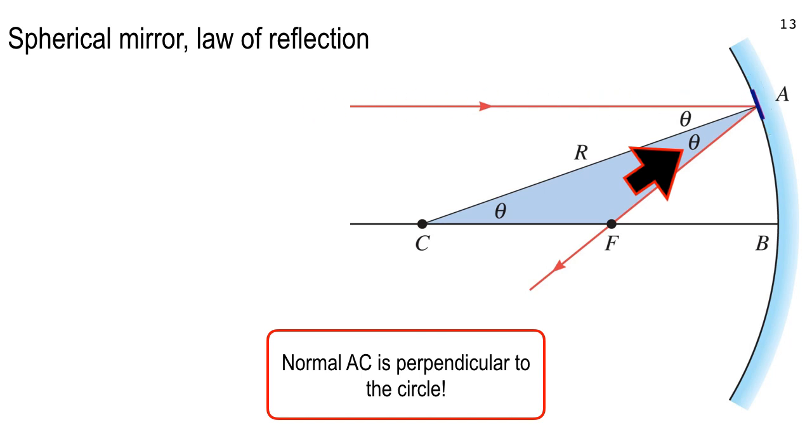So here's the little flat piece of mirror. Now it's actually curved, but we're going to approximate it as a flat mirror. That's why I went through the flat mirror gymnastics with you first.